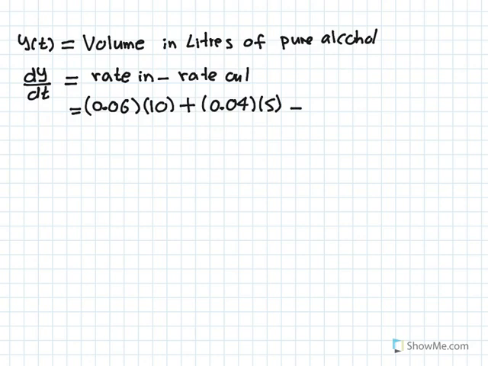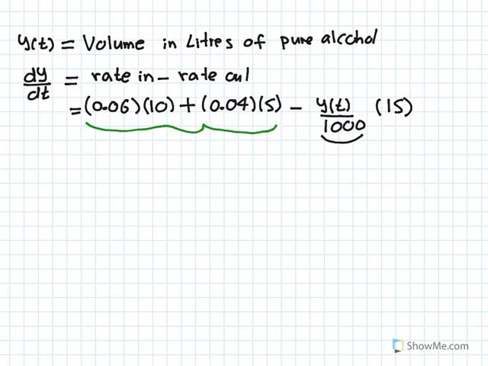Now, what is the amount of alcohol that's leaving the tank? Well, if we take the concentration of alcohol, which is y of t divided by 1,000, this is the concentration of alcohol at time t, multiplied by the amount of solution that's leaving, we get the liters per minute of pure alcohol leaving the tank. So let's label these.